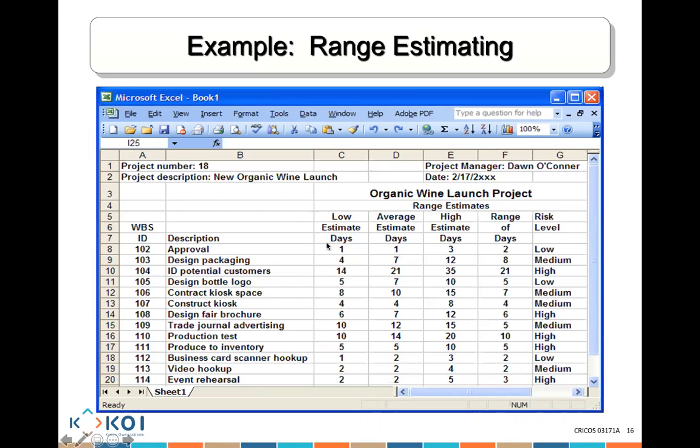So the way that you do it is 1 times the low estimate, so 1 times 1, plus 4 times the average estimate, so plus 4, 4 plus 1 is 5, plus 1 times the high estimate, so 5 plus 3 is 8, perfect.